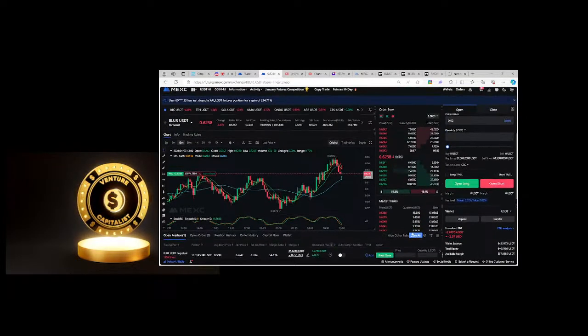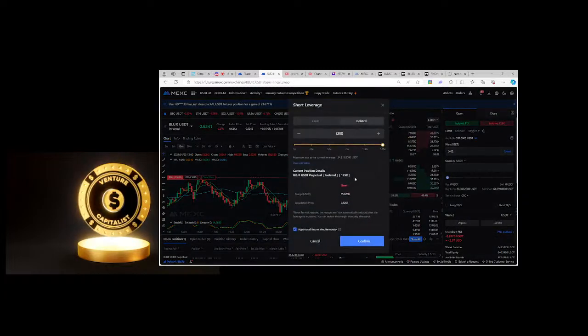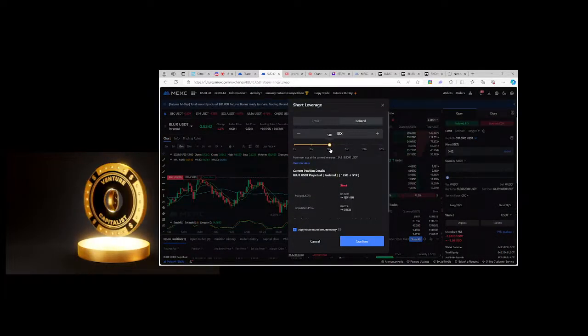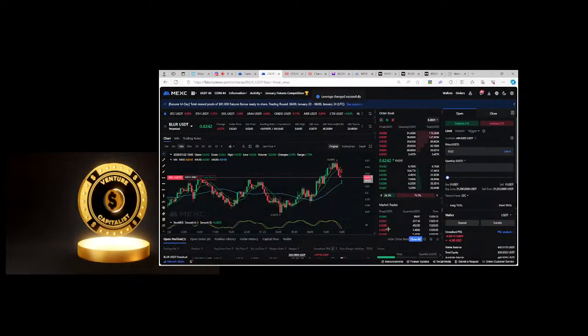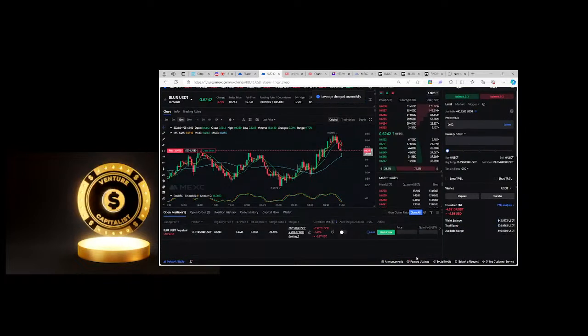Oh, I moved the wrong one. Oops. I moved the blur long to 50, but the short is on 125.